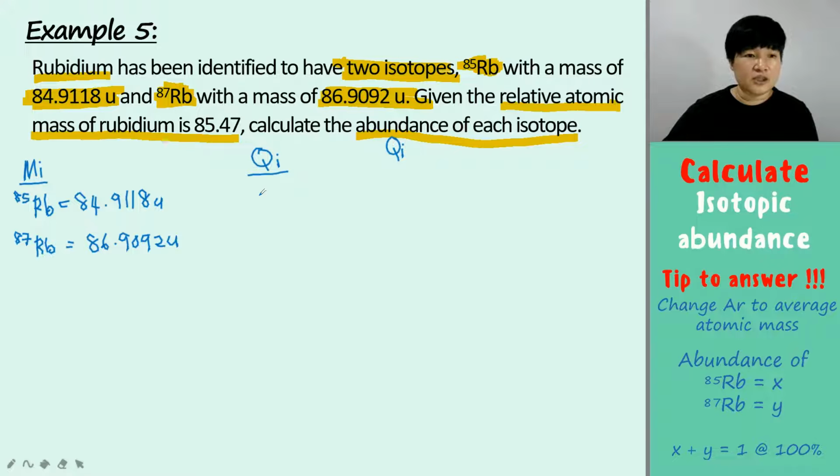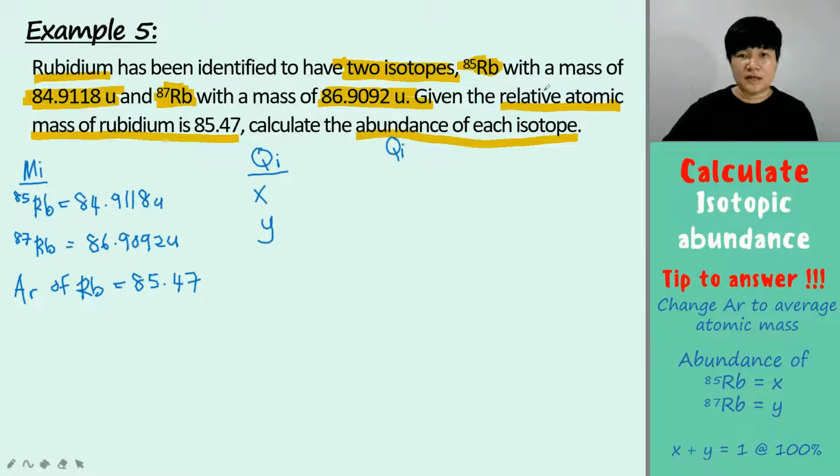So let's say the Qi of rubidium-85 is X, and the Qi for rubidium-87 is Y. Okay? This is the one that we are looking for. Next, the question gives you the relative atomic mass of rubidium. So the relative atomic mass of rubidium given is 85.47 without unit.